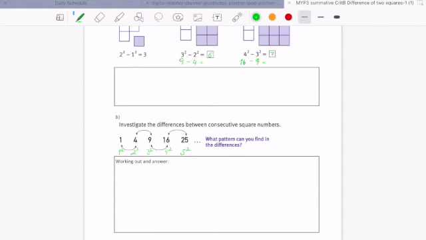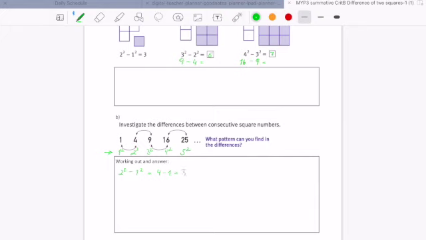So now let's have a look. You didn't have to look at these numbers and search for a pattern, but it asks you here to look at the differences between those square numbers. So let's have a look. The first one is 2 squared, take away 1 squared, which is the same as 4 minus 1, and that's the same as 3.